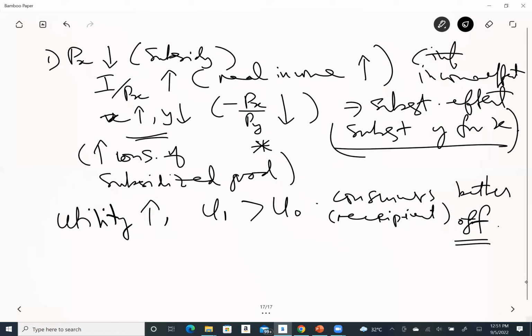If I put together the change in X and the change in Y, that can be one effect. And of course, you can break it down into the income effect and the substitution effect. And number two is welfare. Our welfare is better. Utility has increased. We are better off. So that is the effect of the price subsidy on the consumer.